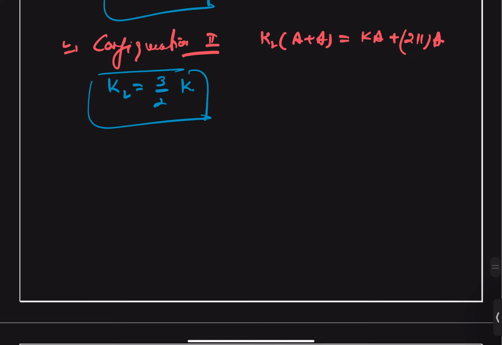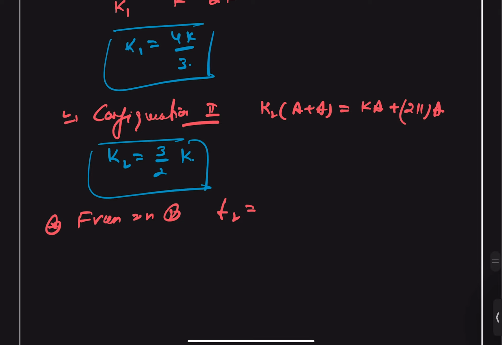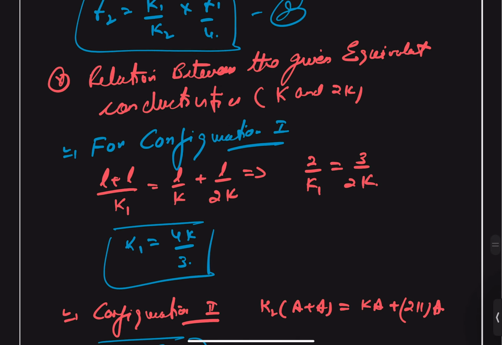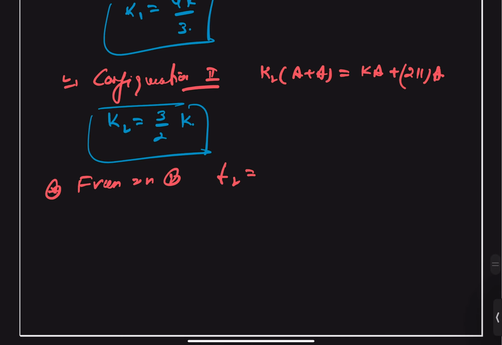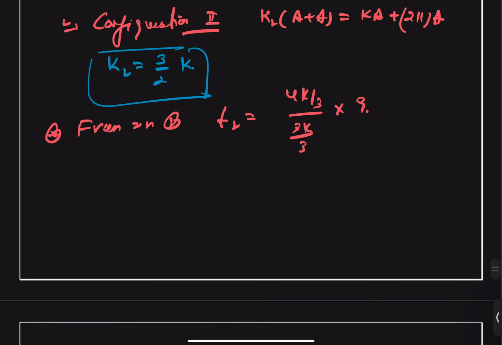So from equation 2, we get T2, which was K1 by K2. We substitute the values. K1 was 4K by 3, and K2 is 3K by 2, multiplied by T1, which was 9 seconds. And now it's an easy calculation.